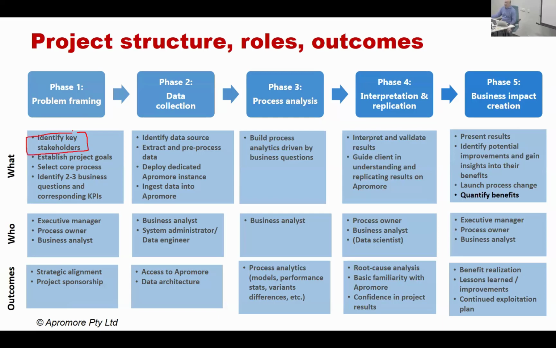make sure that you identify the main stakeholders. You need to make sure that together with the stakeholders, you identify the project goals. From those project goals, you need to refine and determine what business processes in the organization we need to look into. You have to select some of those processes.